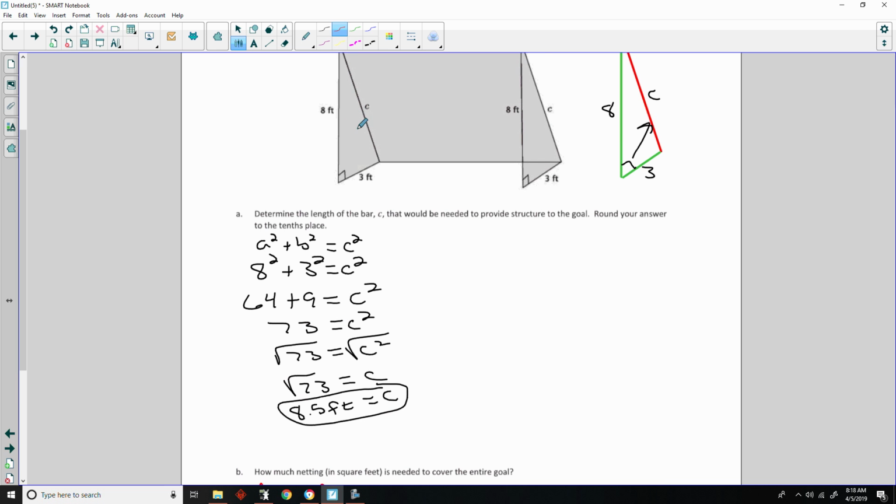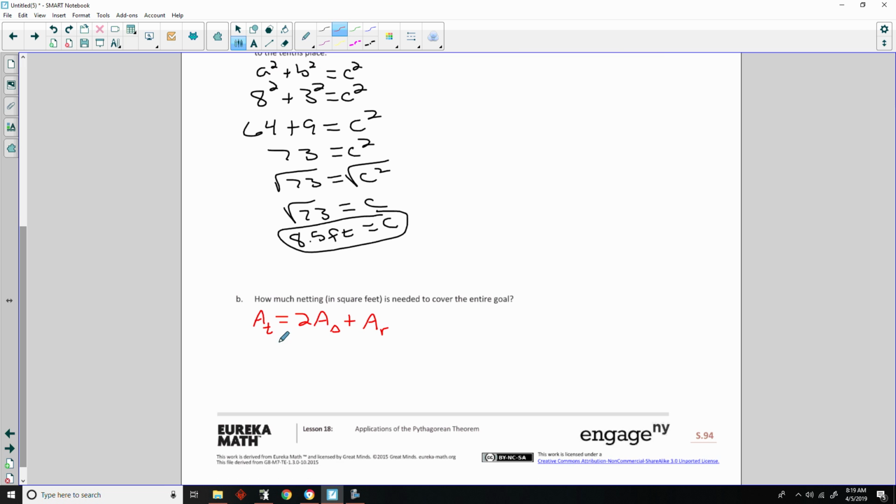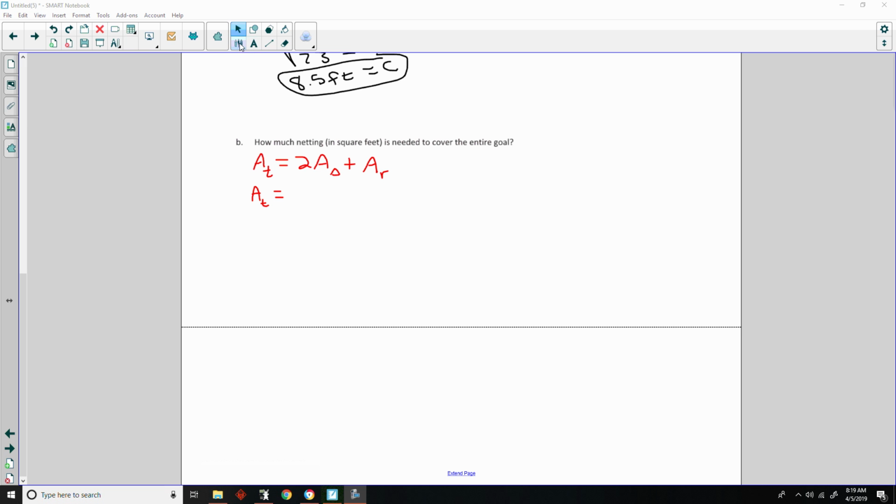So we need this area and the area of the big rectangle. Area sub t equals, I just like to use subscripts to name stuff. So now I'm just going to substitute in my formula. Be very methodical with your answering. Write a formula, substitute the given, simplify, solve. I say that over and over and over.